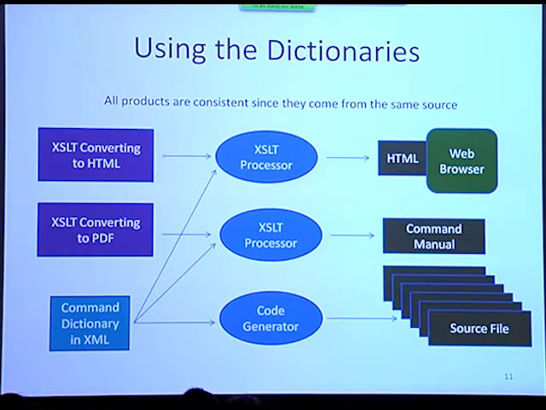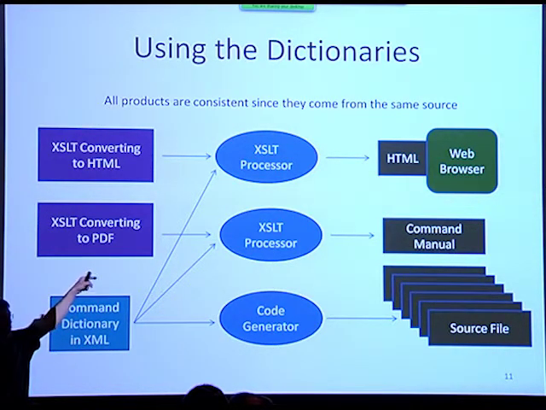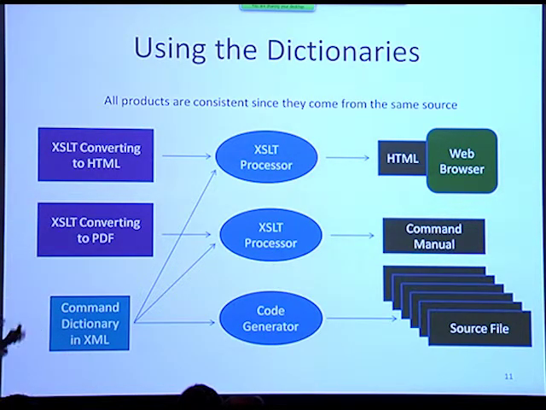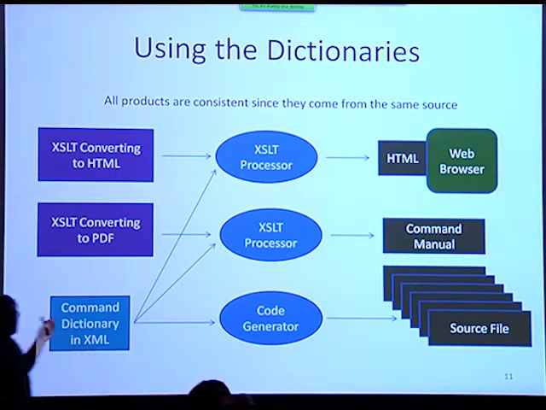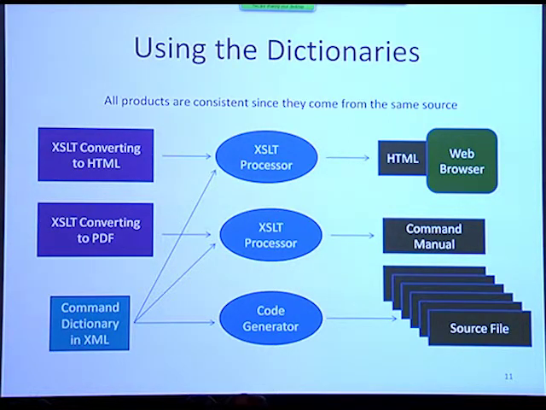So what JPL was doing was they would have these XSLT files to convert your command dictionary, for example, into something you can look at on a web browser, or a command manual that would be present in the operations room, and also to pass it through the code generator to produce your source files. So this makes all your final products consistent.